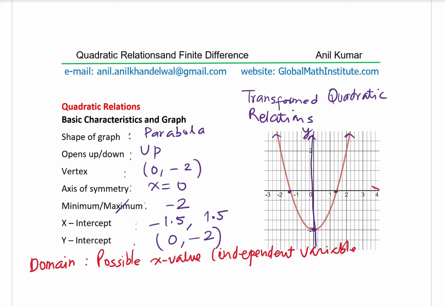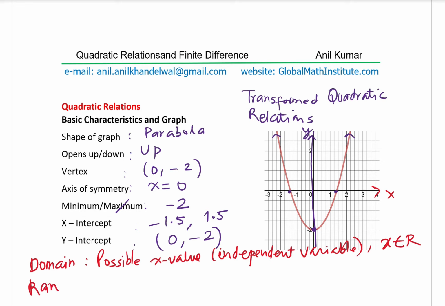Which is always along the x-axis. So the independent variable is shown along the x-axis. Those possible values are all real numbers. So we have x belongs to real numbers. So there are no restrictions as far as the domain is concerned.